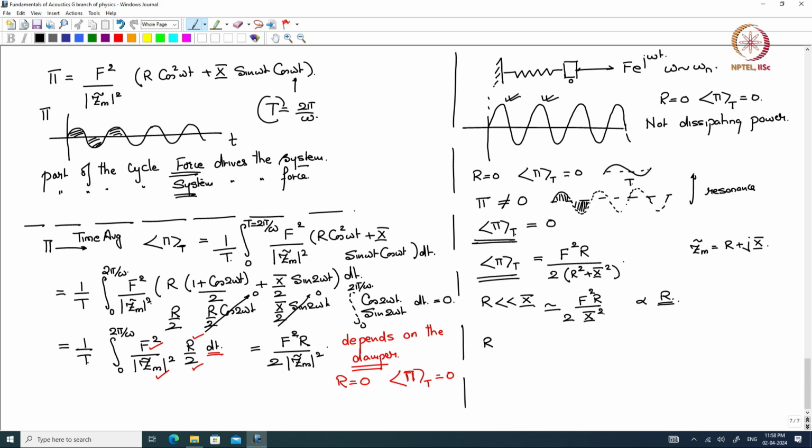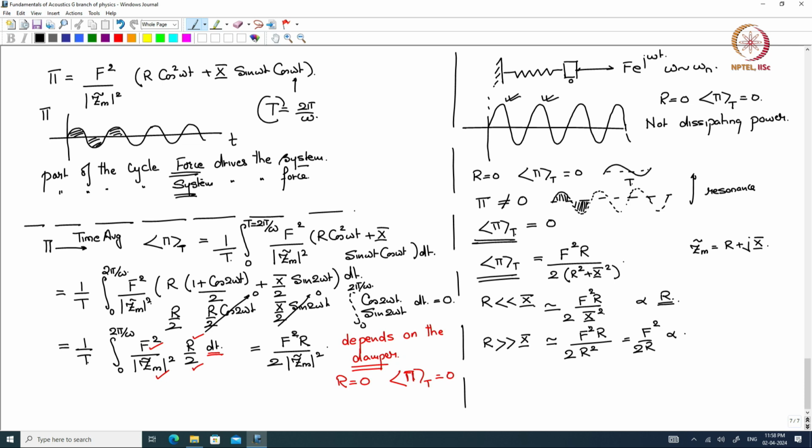However, if my R happens to be much greater than X, then the expression approximates to F squared R over 2R squared, which is equal to F squared by 2R.